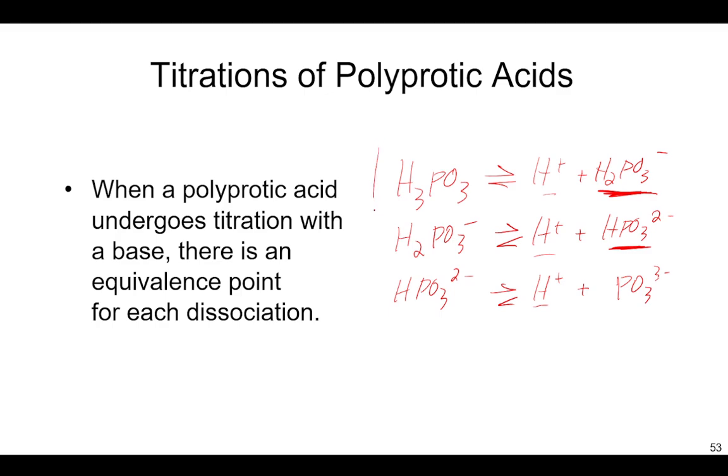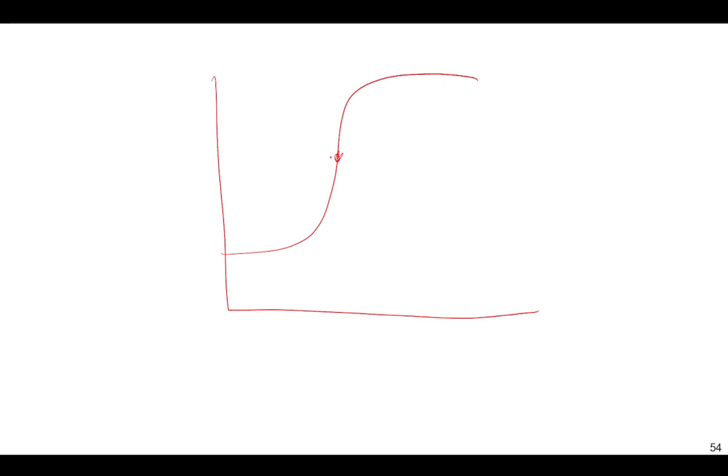Each one of these reactions you can think about as doing a titration on and reaching an equivalence point. And so you can have a titration curve where instead of just one equivalence point, the polyprotic acid would look like this. There's an equivalence point, there's an equivalence point, there's an equivalence point.